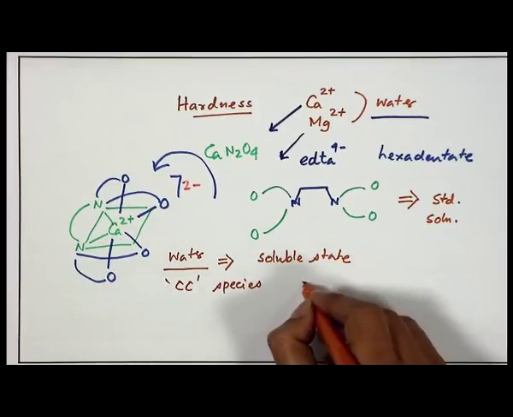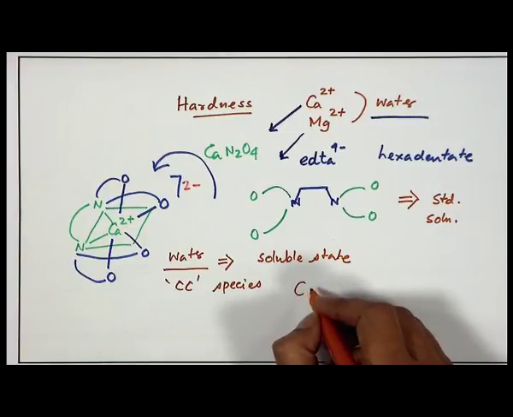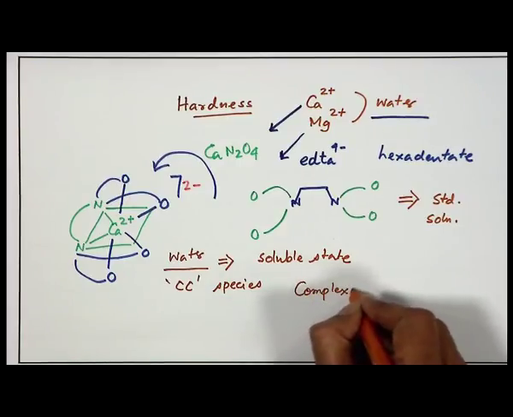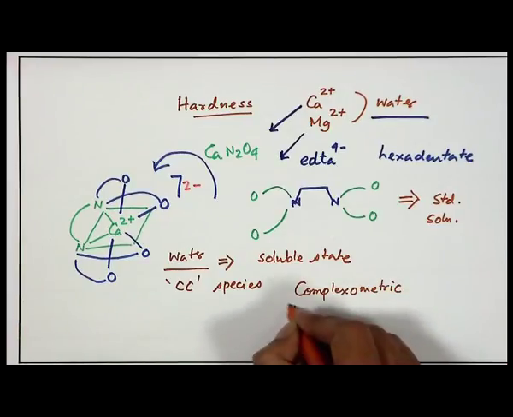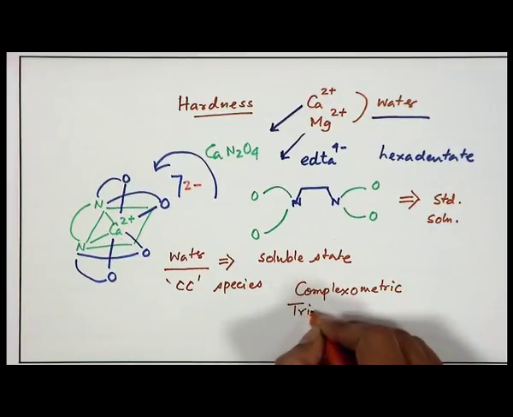So, that gives rise to something like redox titrations, like your titration with permanganate, titration with dichromate. We call this complexometric analysis using complexometric titrations.